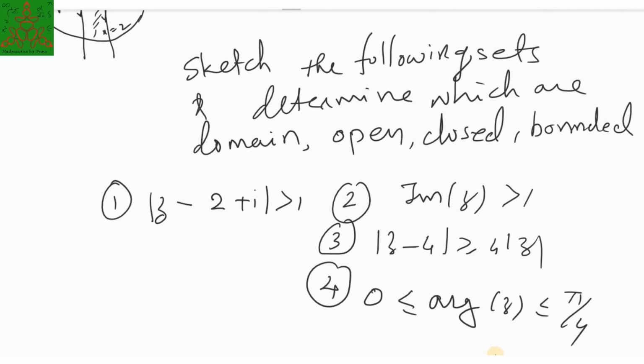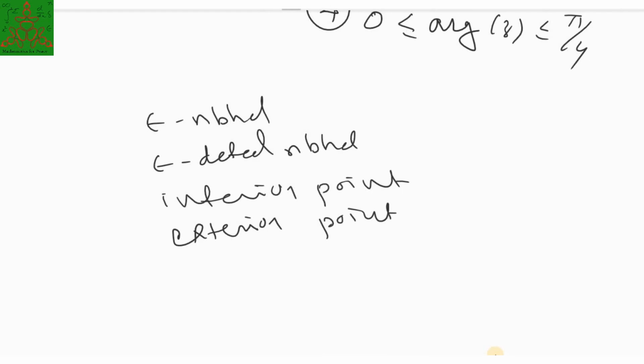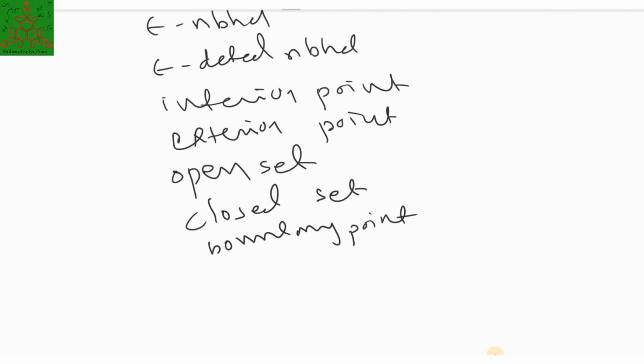So that's it for today's lecture. Let us recall what we did in this lecture. First, we defined the neighborhood, epsilon neighborhood, then epsilon deleted neighborhood, then we defined the interior point, then the exterior point, then open set, closed set, boundary points, limit point or accumulation point or cluster point.